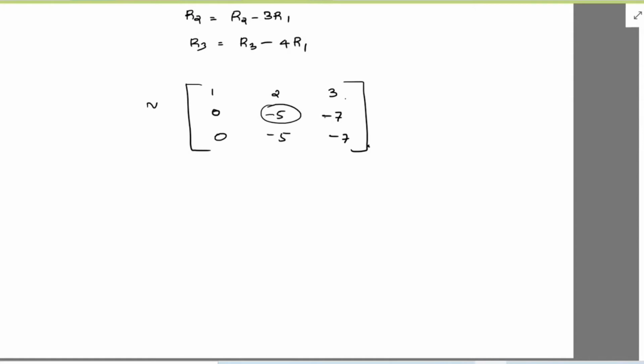If there is a fraction, it will be difficult to do the next operations. So what I am going to do is make the vertically up and down elements 0 first. Depending on the situation, we have to choose the operations.